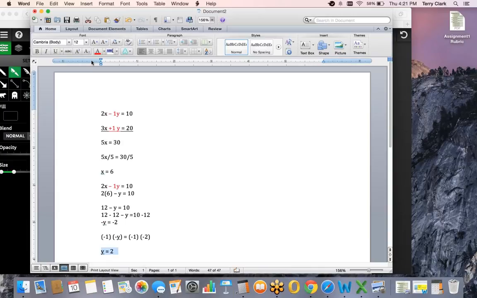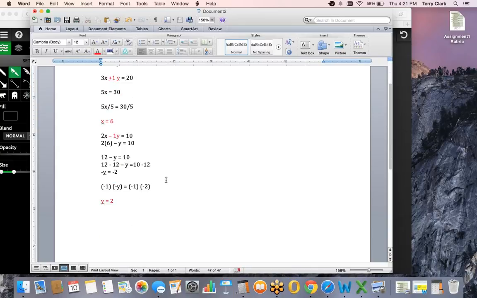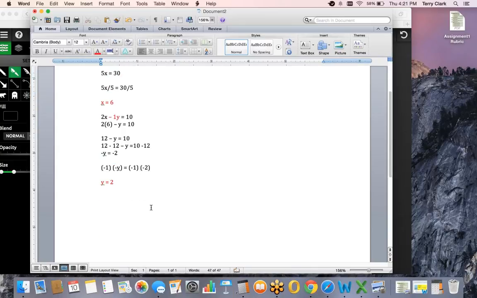Okay, so we see, and I'm going to put those in red, that Cassidy and Priscilla were right, and that x is 6 and y is 2. So that's the elimination method of addition.